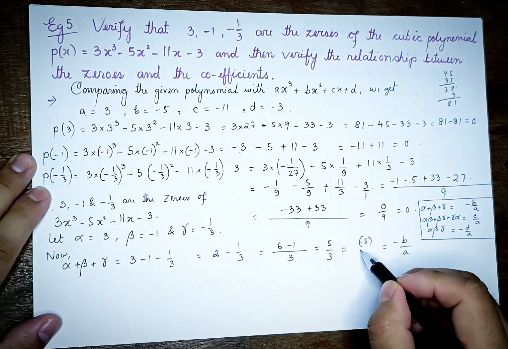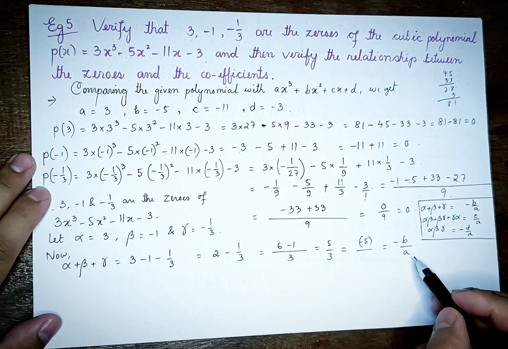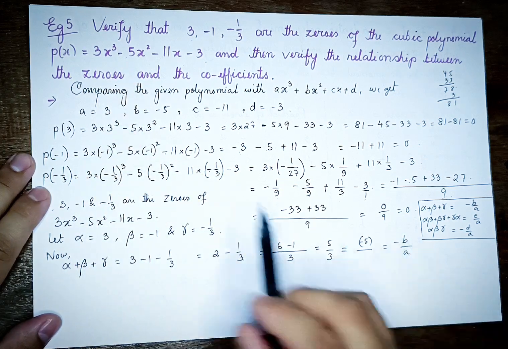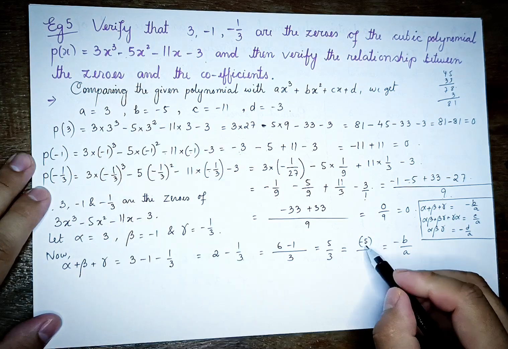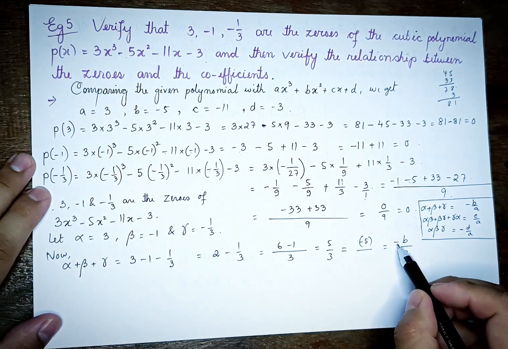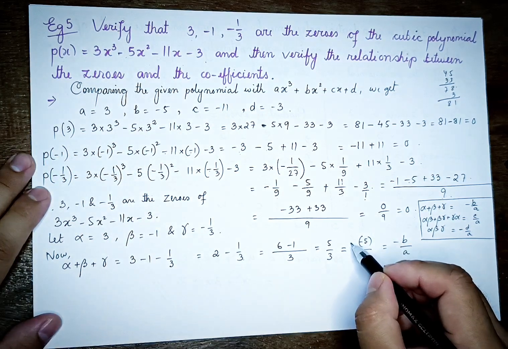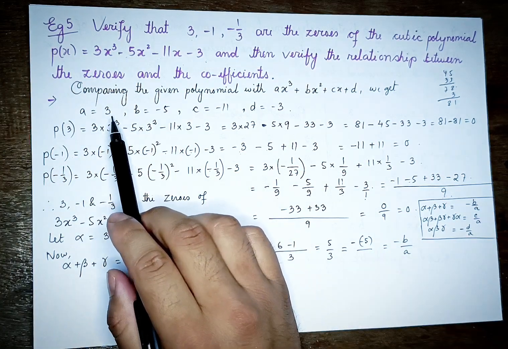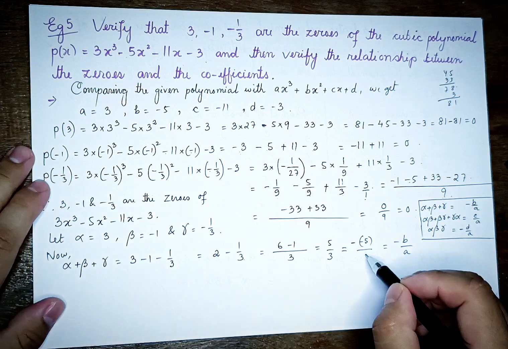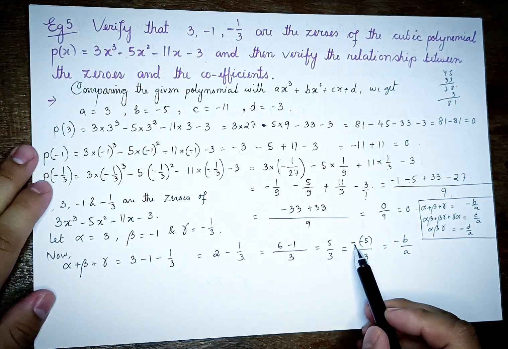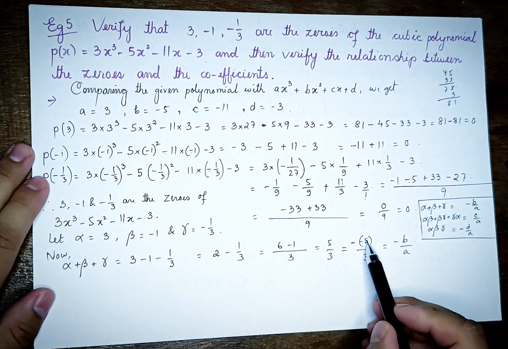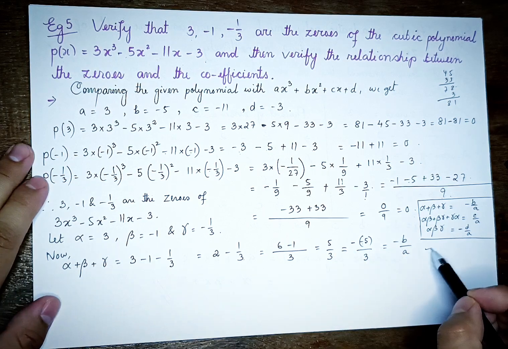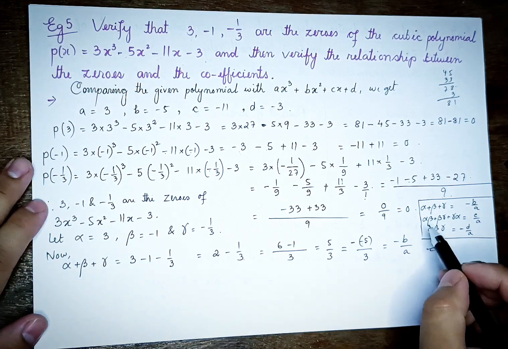For the formula there is a minus, so we write minus here. And what is the value of a? The value of a is 3, so we write 3 here. So multiplying these two, minus minus plus, we get 5 by 3, so it is correct. We verify it.